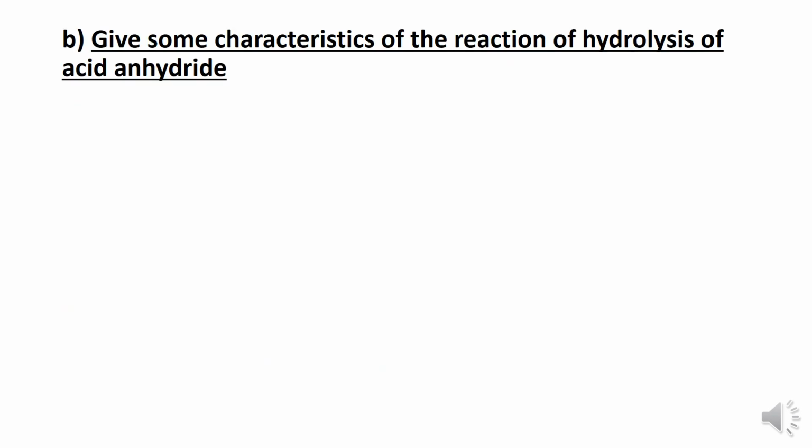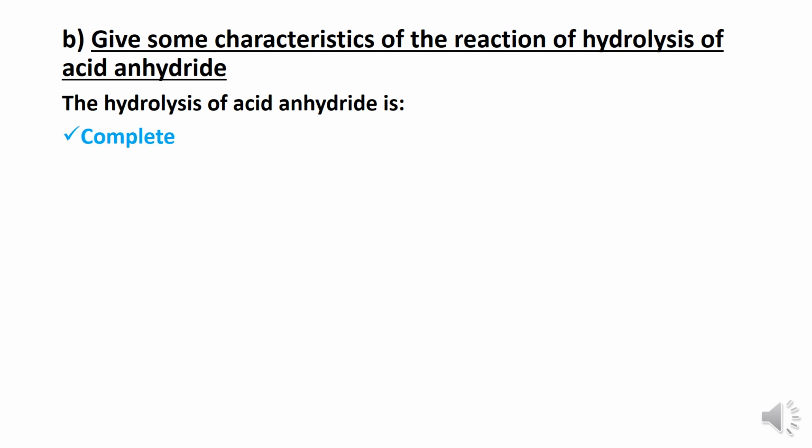Now, what are some characteristics of the reaction of hydrolysis of acid anhydride? These characteristics are the same as for acyl chloride. Let's see them. The hydrolysis of acid anhydride is complete, a complete reaction in one direction.